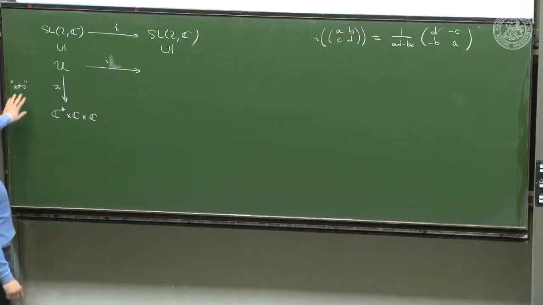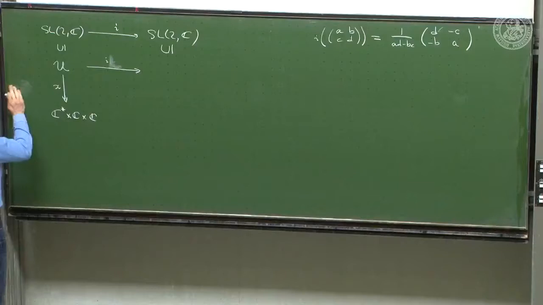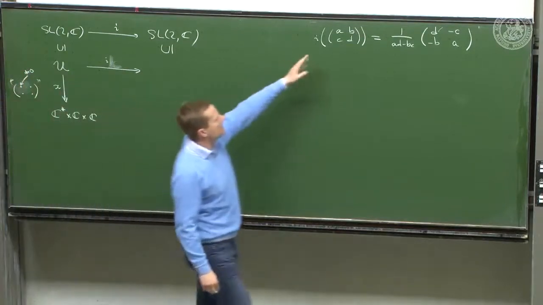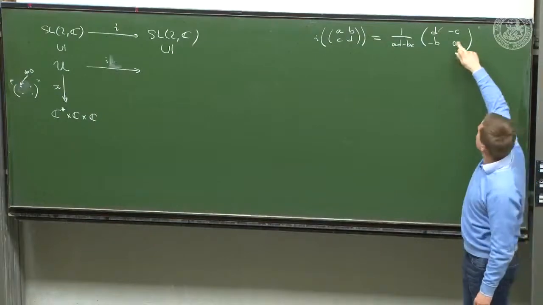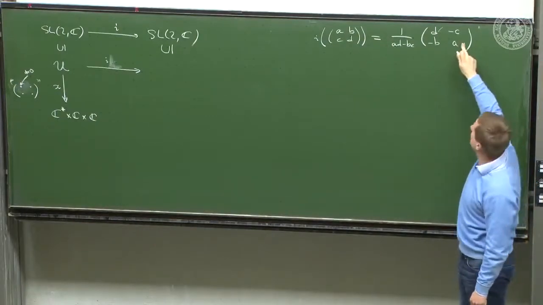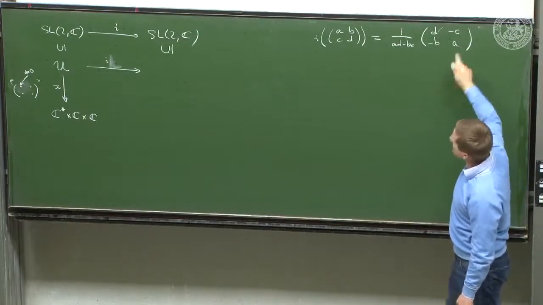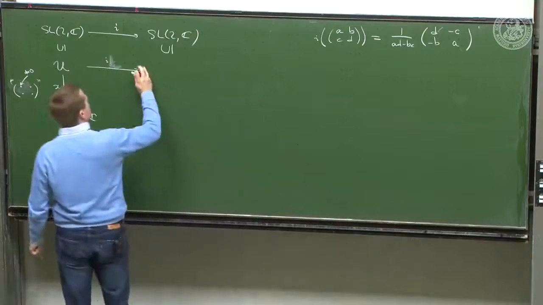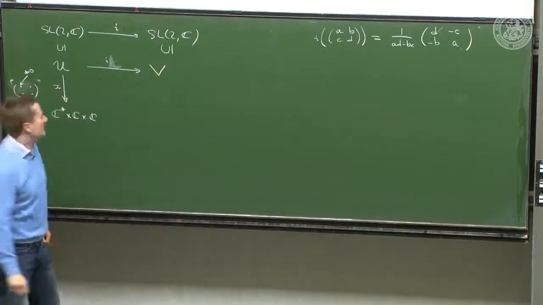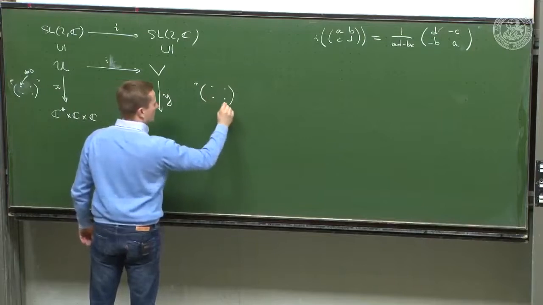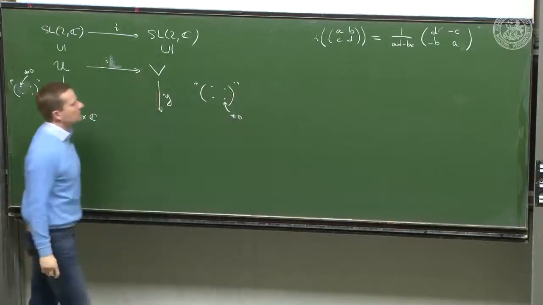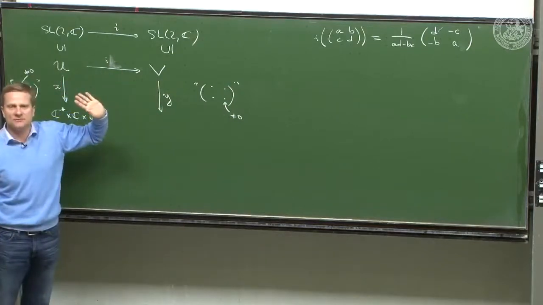And now you see, if you start in the U chart where the entry here is non-zero, you take this A, B, C, D and you map it to here, but now you see in the result you only know the A is non-zero, but that's now this lower right entry, and we had this chart which we didn't need necessarily at the time, but which I called V. That was the chart that came with the chart map Y, and that was the one where this guy here was allowed to be non-zero, and that's of course exactly what you get as the image.